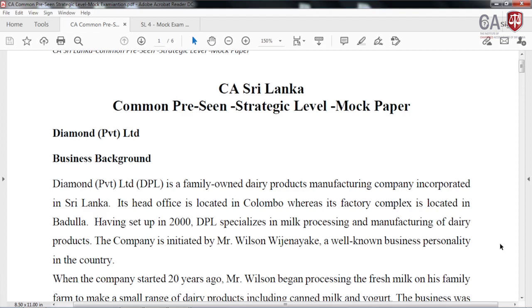The company founder's name is Mr. Wilson Vijayanayaka, and he is a very well-known personality in Sri Lanka. Often, what I have seen is the first para is allocated to talk about the company, then the second para is often allocated to talk about the founder who started the company. This question is also the same.